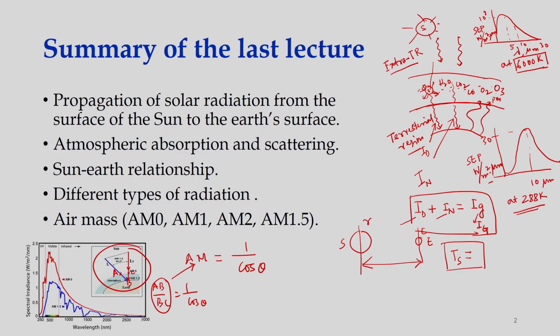If theta is 0 degrees, then cos 0 is 1, so AM will be 1. That means this spectrum is known as AM1.